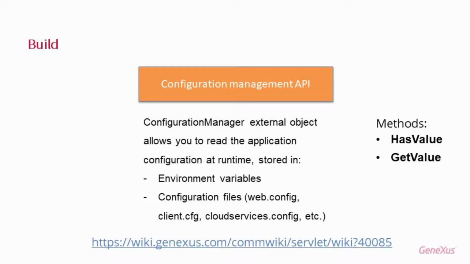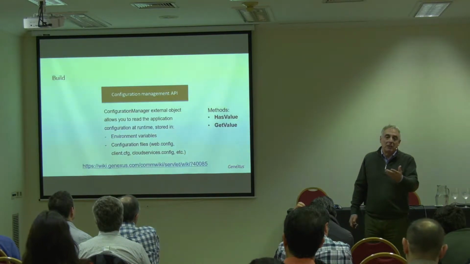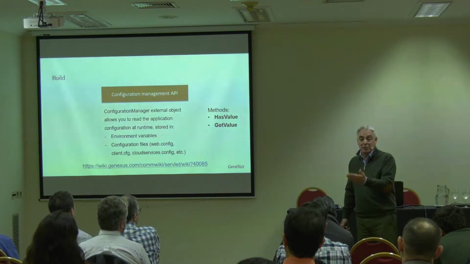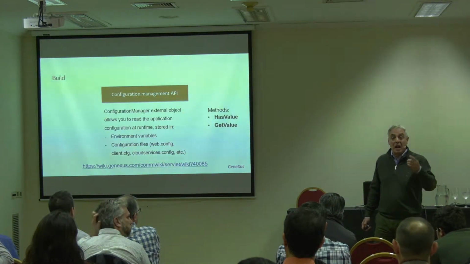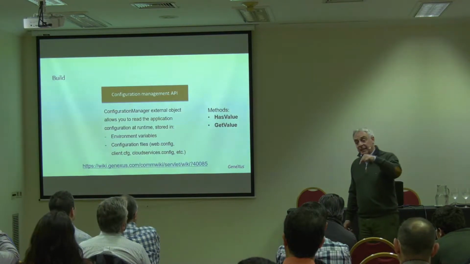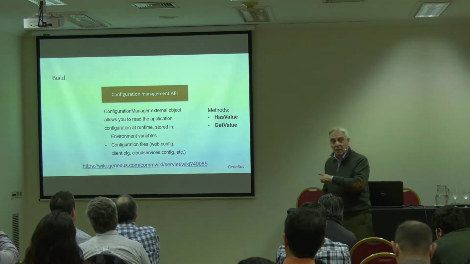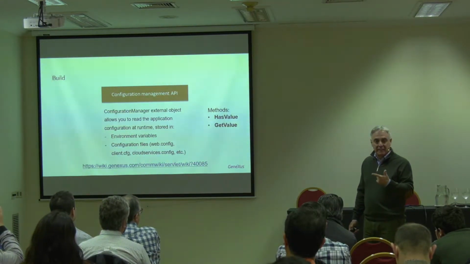But after it was executed, to know which were the values that were being taken, we had to go back to the files. Now, from the runtime, from the execution, we are going to be able to have access to the values of these files and obtain information about what is effectively the configuration that is being used for the execution.